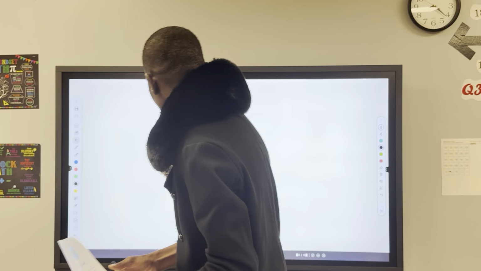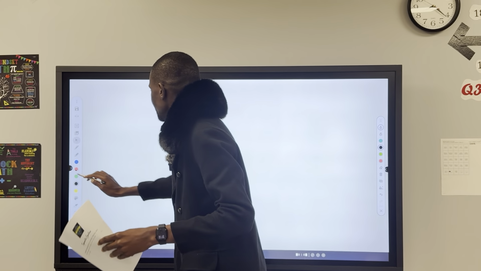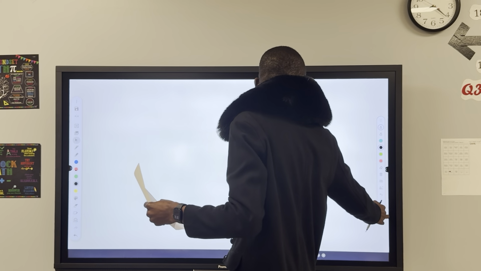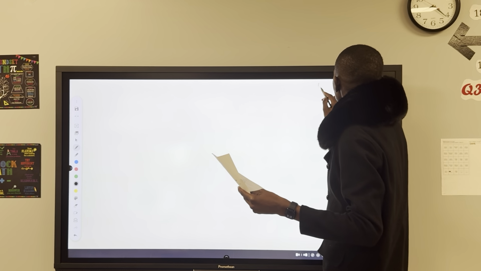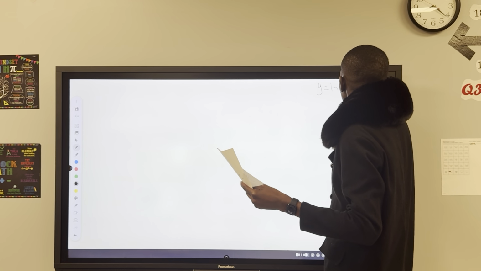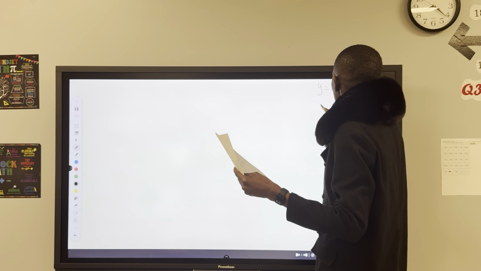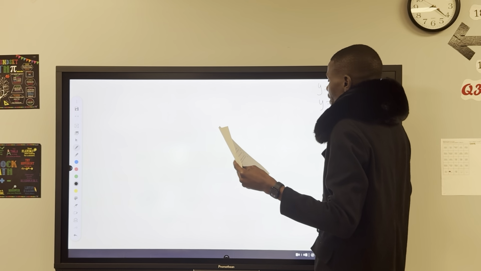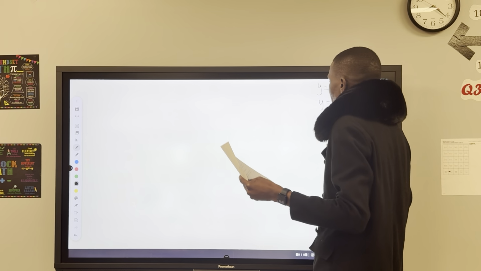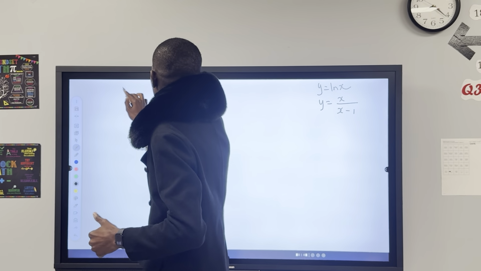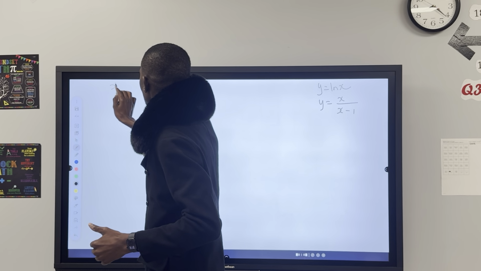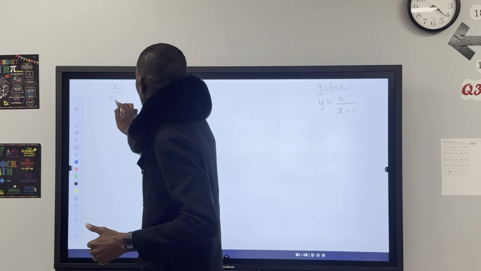Okay. So these are the 2 functions that I need to graph. The first one is y equal to natural log of x, and another one is y equal to x over x minus 1. So quickly, I can start with the graph of y equal to x over x minus 1.